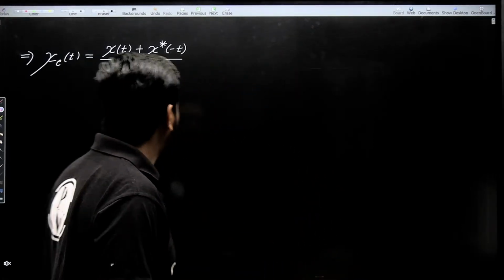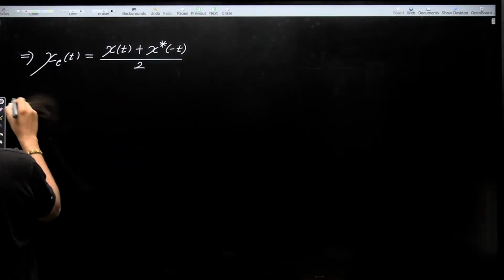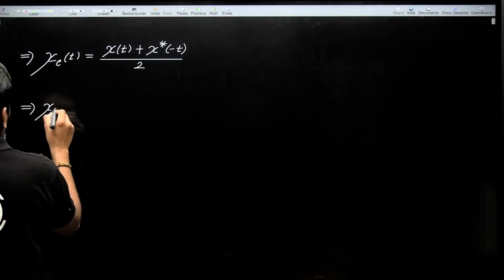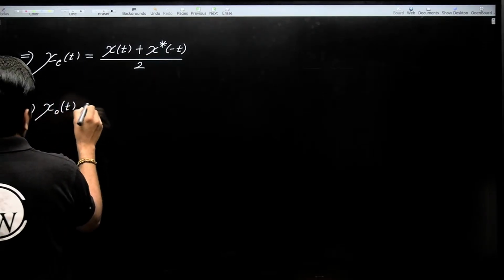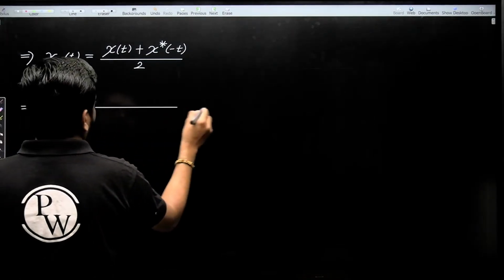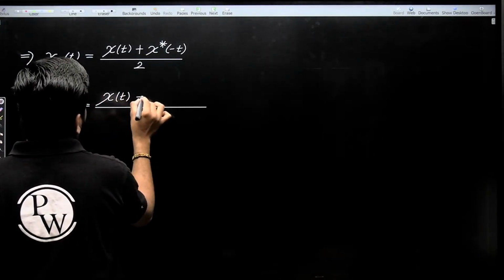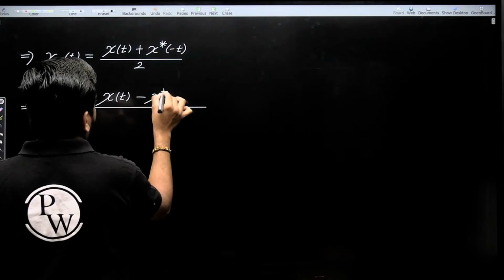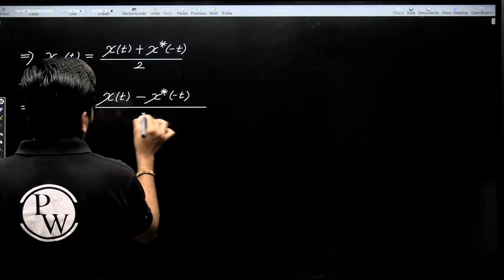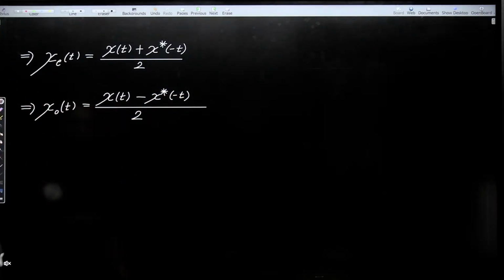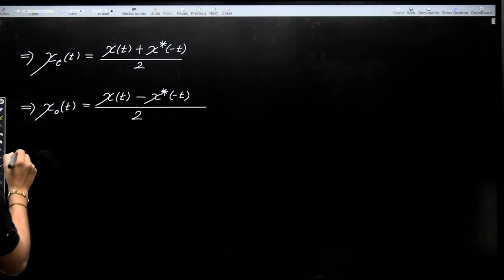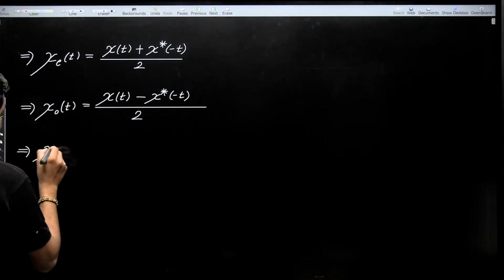And the conjugate odd part is given by x of t minus x conjugate of minus t, whole divided by 2. This is for continuous time, and the same thing is applicable for discrete time signals also.